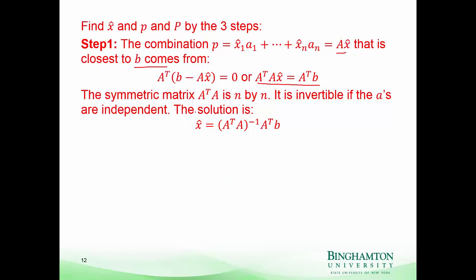Well, it is actually pretty easy to see that A transpose A is a symmetric matrix, although we'll prove that later. It's not terribly difficult to prove it, and you might even be able to just look at that and say, yeah, I see it. Certainly it's n by n. We know that A itself is m by n, and so A transpose is n by m. A is m by n, so the product is going to be n by n. So hey, it's square.